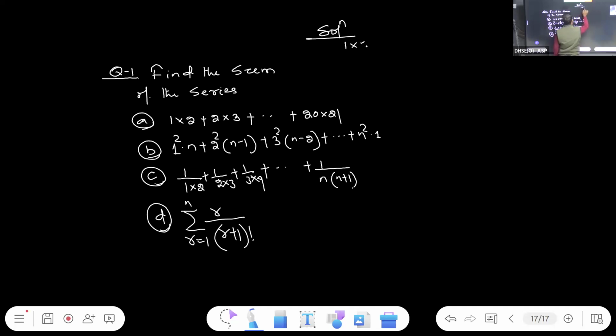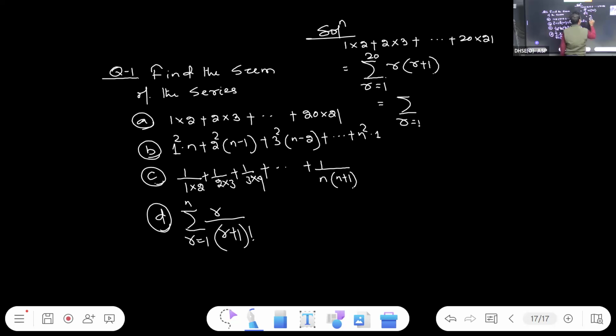1 into 2 plus 2 into 3 plus up to 20 into 21. This is equal to sigma r equals 1 to 20 of r into (r plus 1), which is sigma r equals 1 to 20 of (r square plus r).